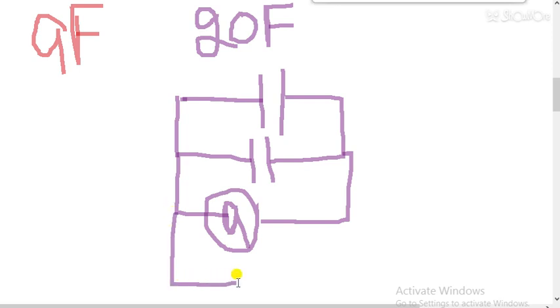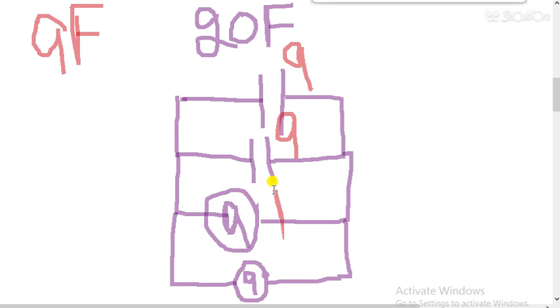Again connect 9 capacitors in series here. Then you will get 20. From here 9 you will get, from here also 9, from here one value, and from here also one value.